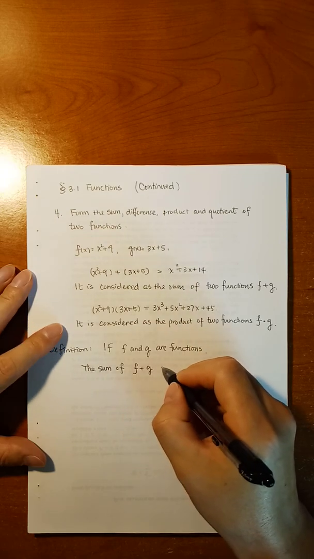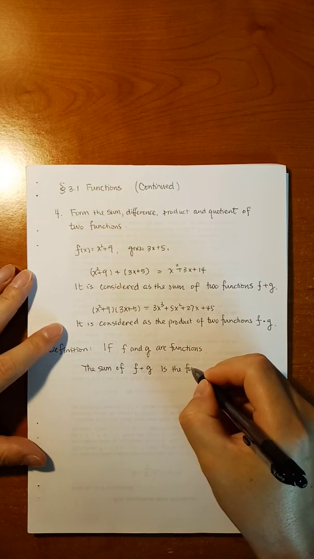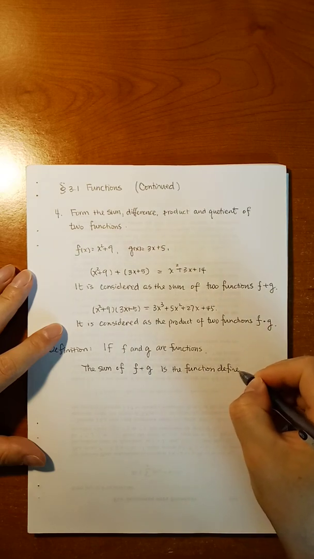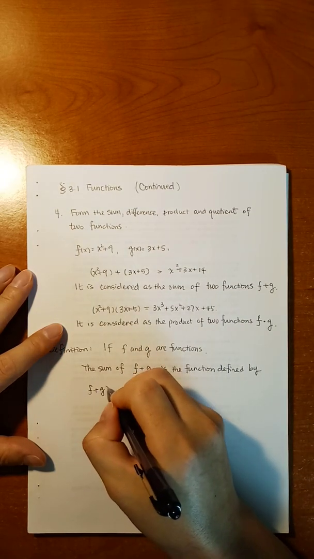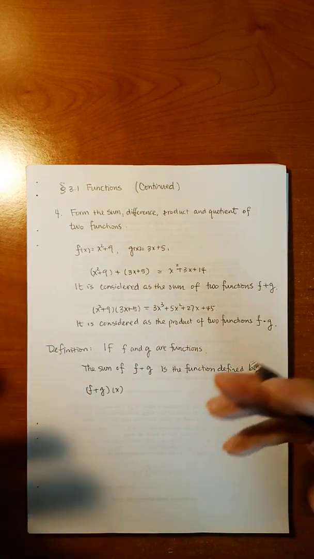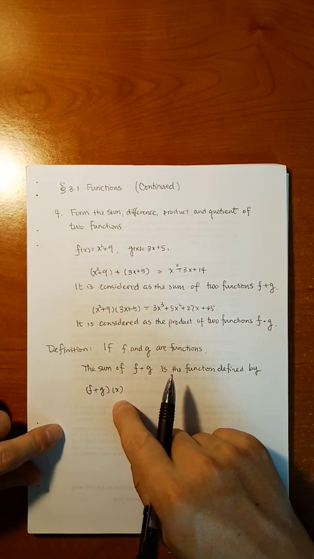When you have the sum f plus g, it is the function defined by the new function f plus g. Okay, so we have a new function, and then we're going to evaluate the new function at x.